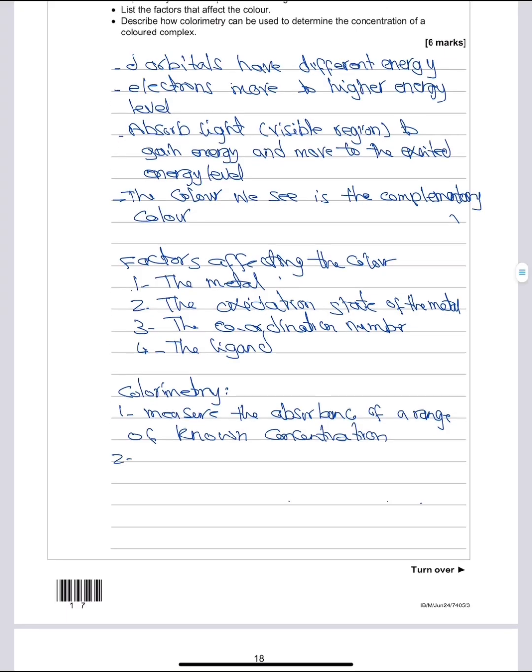And then the second stage is to plot a graph of the concentration versus the absorbance, which is the calibration curve.